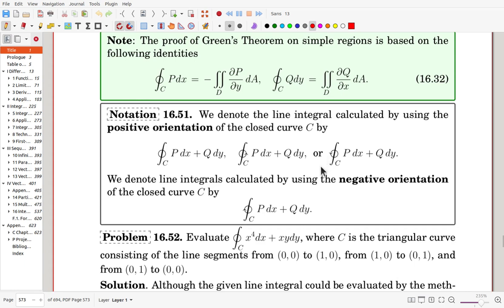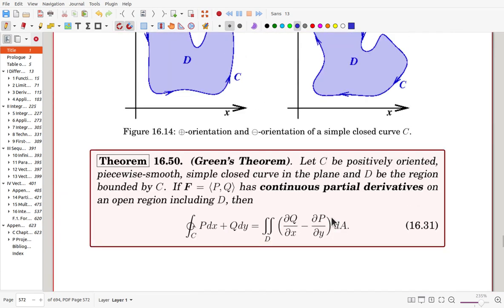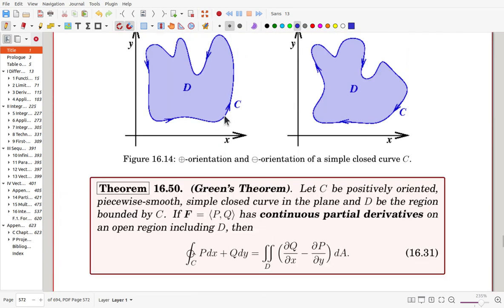Once the curve is negatively oriented, then we can use this notation, or the arrow can be attached inside in this way. If it is not mentioned, then the default is positive orientation. Positive orientation, again, is like this one. Once you are walking along the boundary, you'll see the domain on the left-hand side.